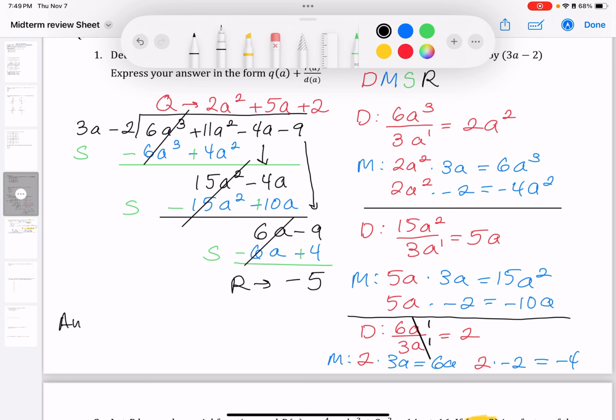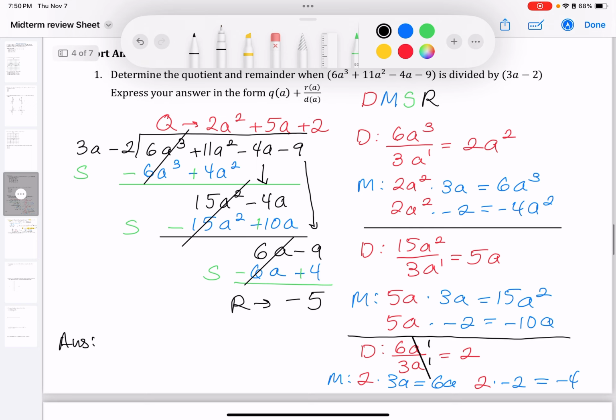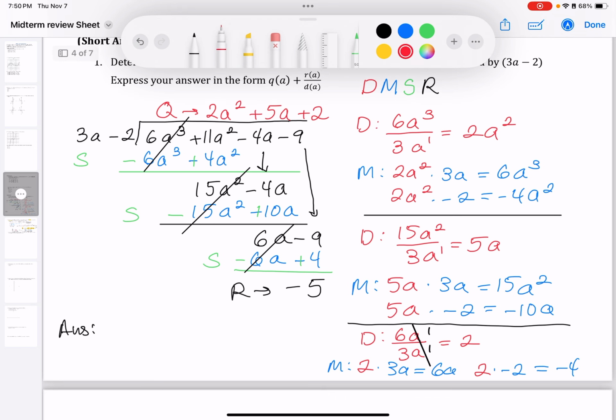So our answer, once again, must be written in the form of your quotient. So the quotient is 2a squared plus 5a plus 2. Then it's plus your remainder.